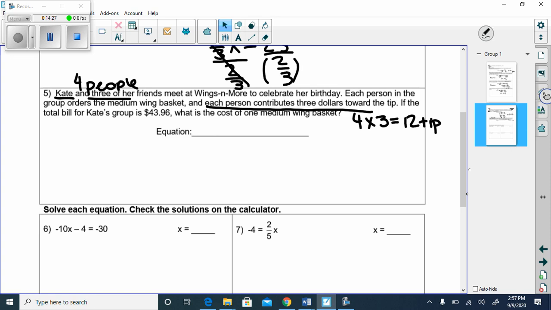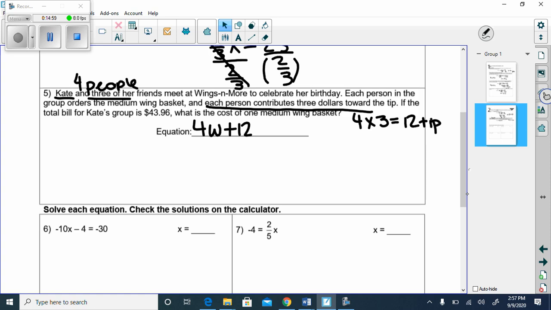So I'm going to multiply 4 times our variable. Besides just paying for those wing baskets, they also left a tip with it. So how would I write that? That $12 tip. Awesome.